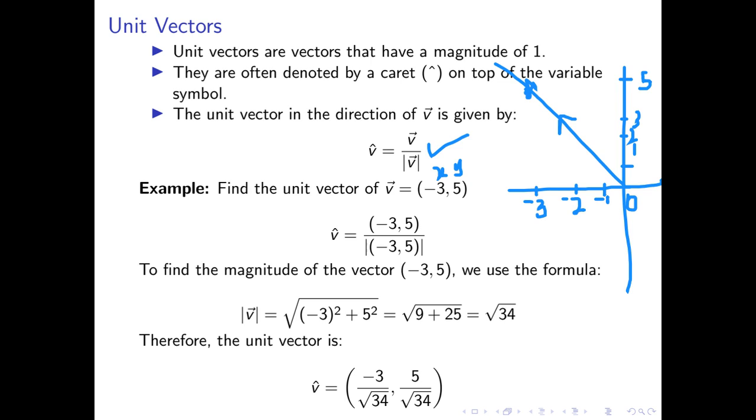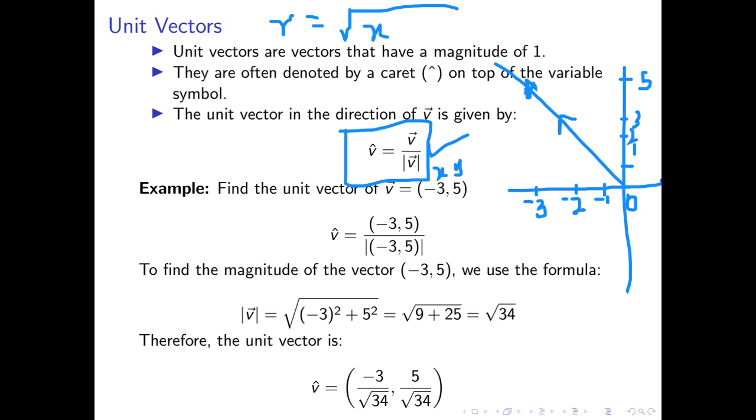We're going to simply be using the formula for unit vector as indicated here. And since V is (-3, 5), we would only be calculating the magnitude now. Don't forget the magnitude is the length of the vector. How do we calculate it? We use the triangle law. By Pythagoras' law, R equals the square root of x squared plus y squared.